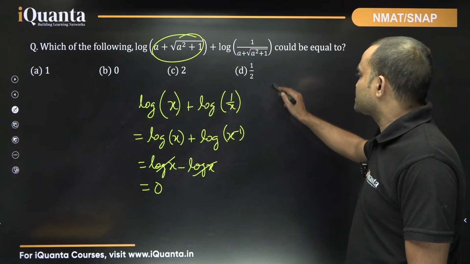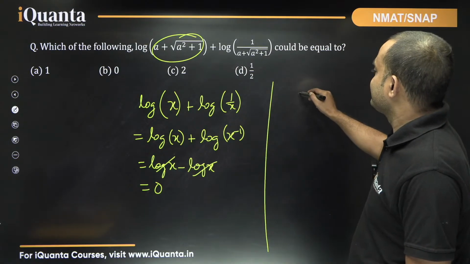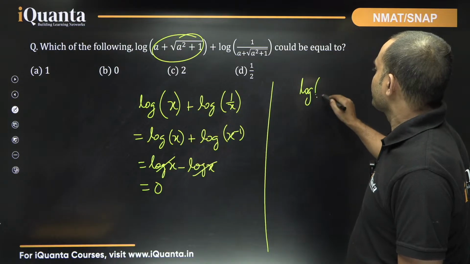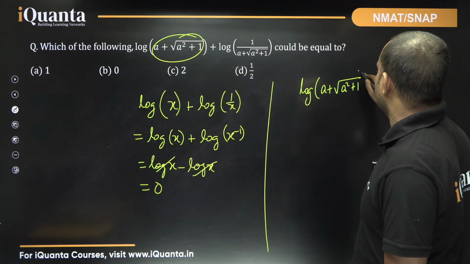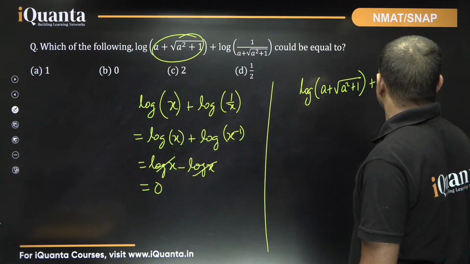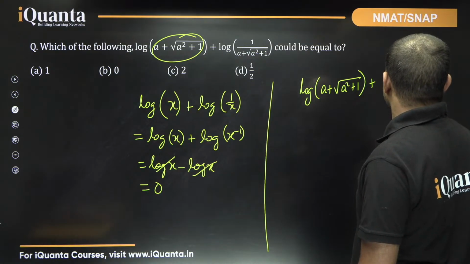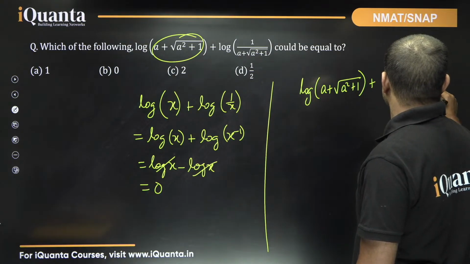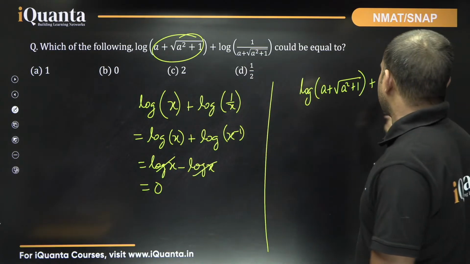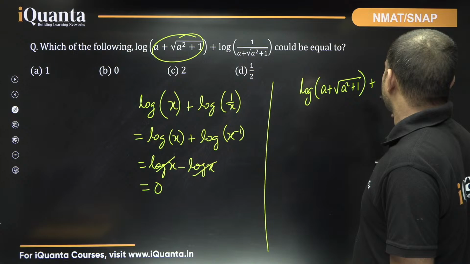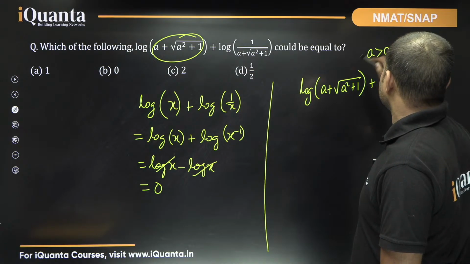Now if this question was something like log a plus square root of a square plus 1 upon log a plus square root of a square plus 1, then same options, what will be the answer? This value could be, a is greater than 0.